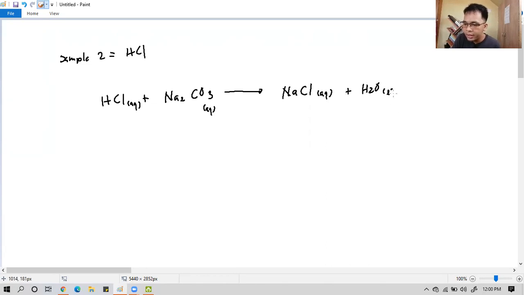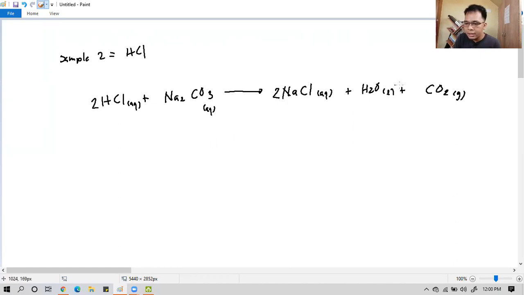But the difference here is that it generated carbon dioxide gas because it contains a carbonate. Carbonate ions here. The reaction is not balanced here, so let's balance the reaction. I guess it's balanced.